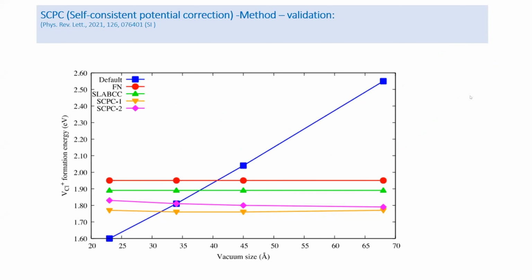Yes. This is our method, but how do we know that it works well? We have to do some validation. We followed in our validation what other people have done. Here, this is a method published in 2021. They have some graphite with carbon and nitrogen, and they want to form charged vacancies.